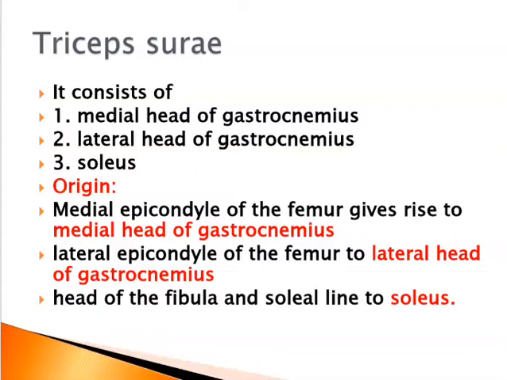Coming to origin, the medial head of gastrocnemius takes origin from medial epicondyle of femur. The lateral head of gastrocnemius takes origin from lateral epicondyle of the femur. Soleus takes origin from head of fibula and the soleal line.